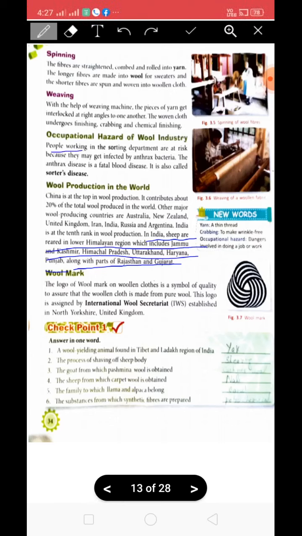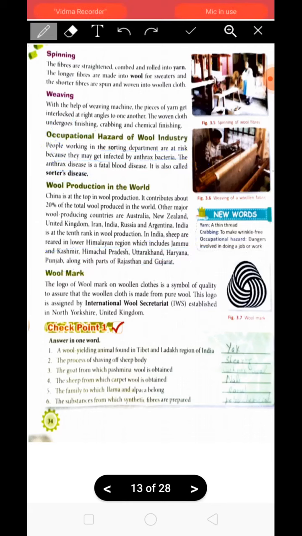People working in the sorting department are at risk because they may get infected by anthrax bacteria. The anthrax disease is a fatal disease and it is called Sorter's disease. This is your answer for question number 2.